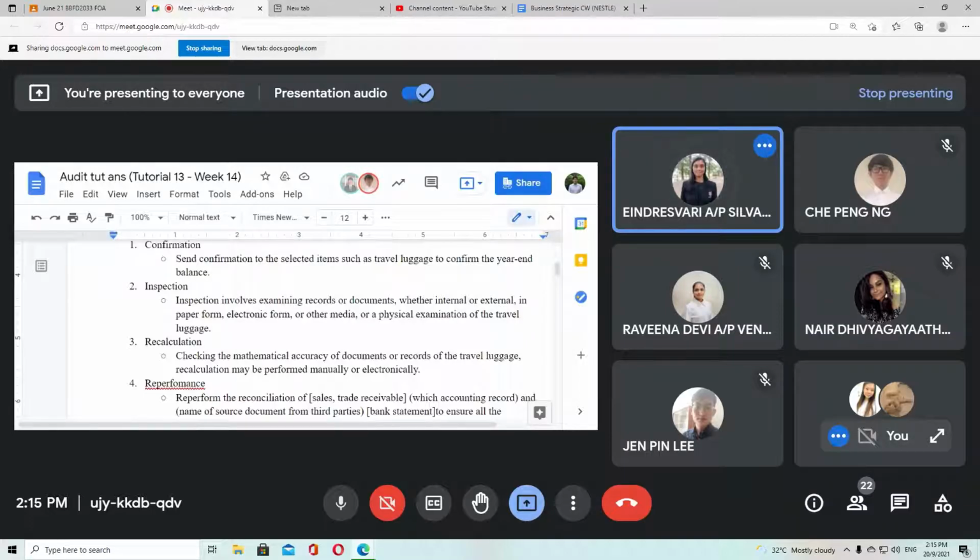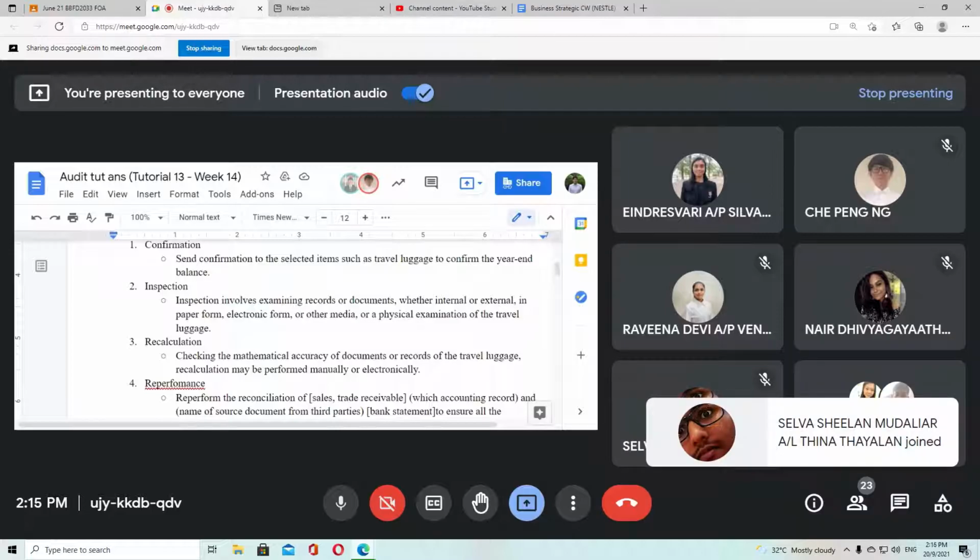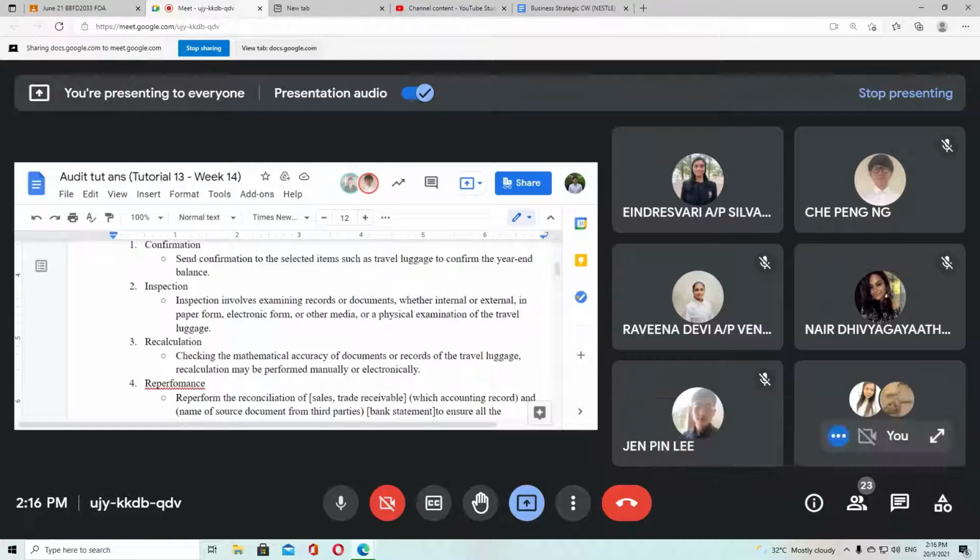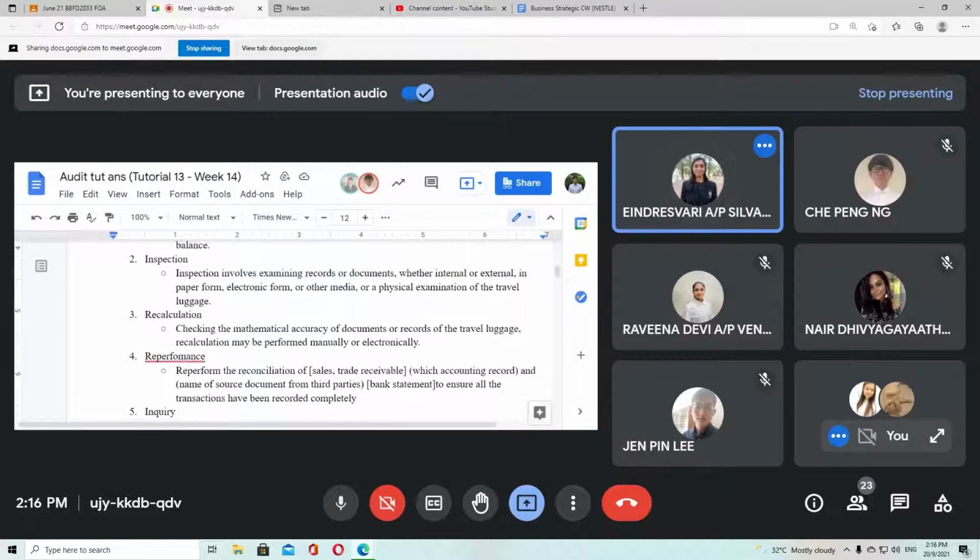Recalculation may be performed manually or electronically. Can you type? The third one is mathematical accuracy. So what is the procedure? What are you recalculating?